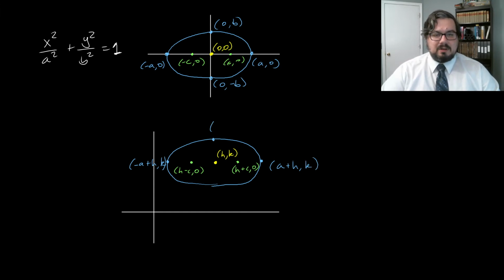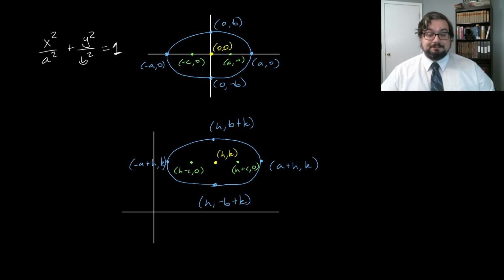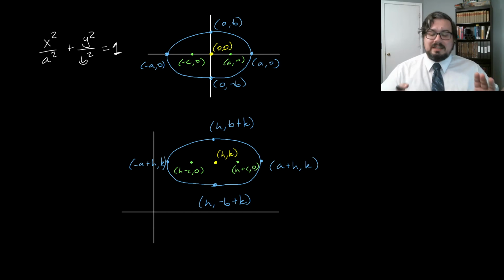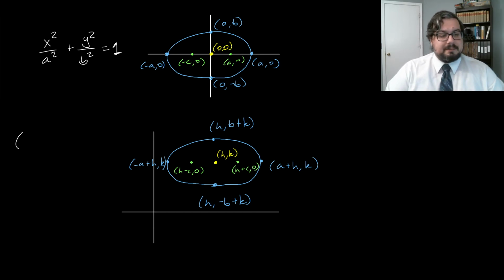And the points 0 comma b would go to h comma b plus k. Point 0 comma negative b would go to h comma negative b plus k. And all these points go with the shifted version of the ellipse. And we know that shifting an equation is done by replacing x with x minus h squared and y with y minus k squared.